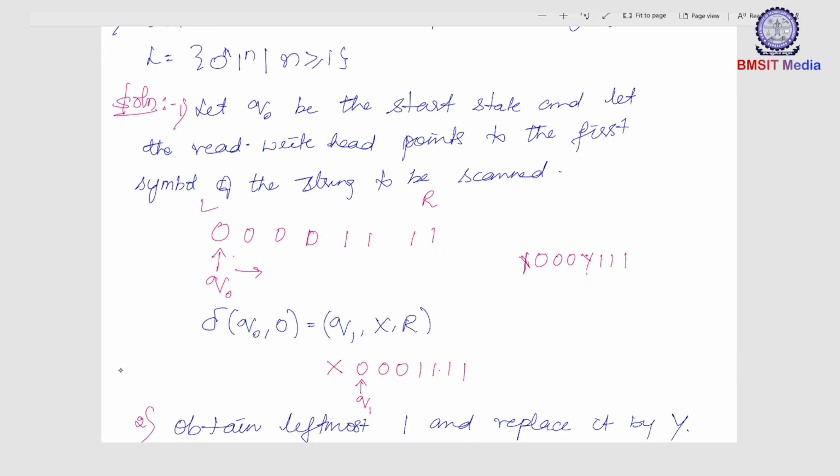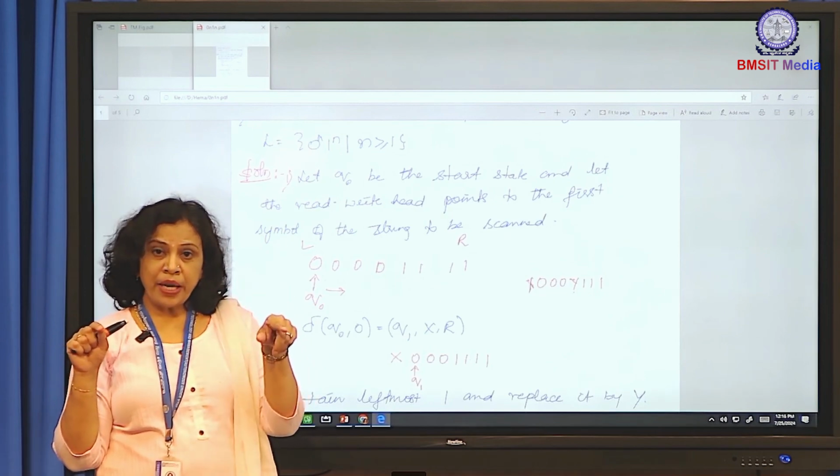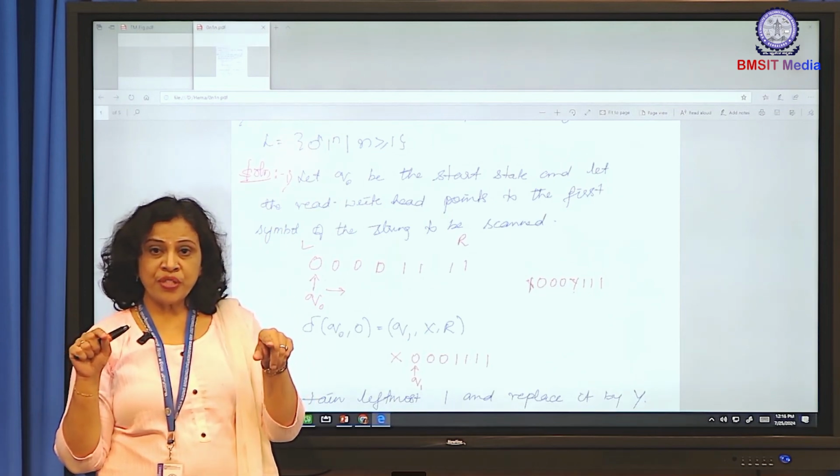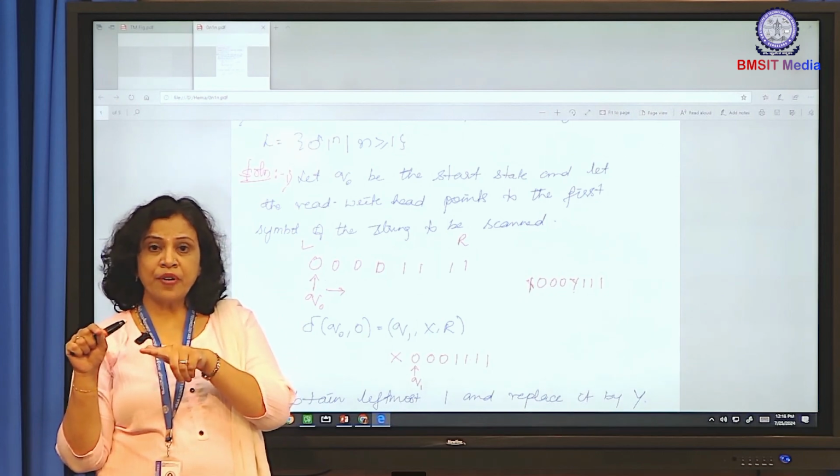Okay. So before we do the design, I'll explain how we are going to do it. There are equal number of zeros, that is n number of zeros followed by n number of ones. We will read the first 0, replace that 0 by x, do a change of state. Then go find the corresponding 1.